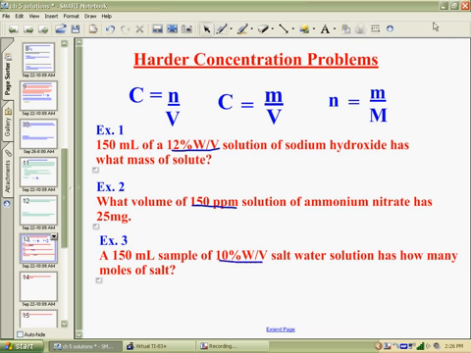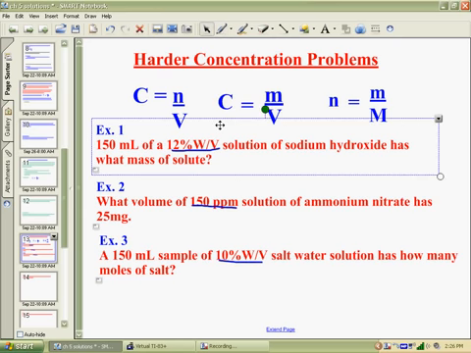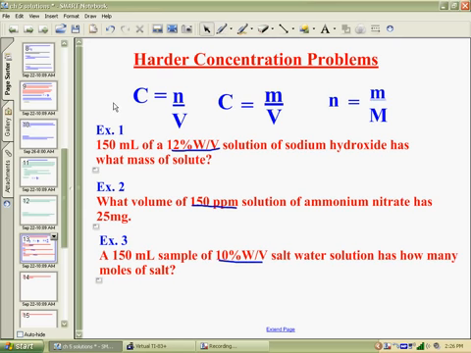So our concentration formulas we've seen in the past are either the concentration is in moles per liter, which is n over V for moles and liters, or our other formula that we've seen is concentrations where they have to be in mass over volume. And the reason that we needed mass over volume is percent W/V, as you've seen in our other videos. You need to have your mass in grams and your volume in mL, and for a percentage you'd multiply it by 100.